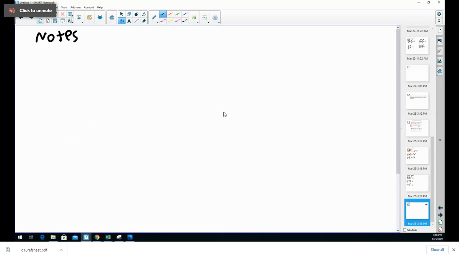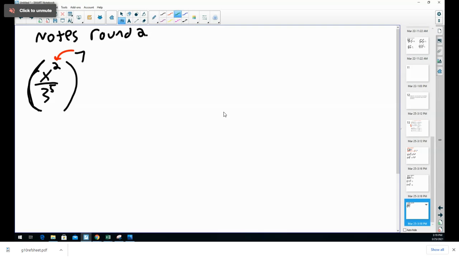Notes round 2. We have a fraction now. Oh no, everybody's worst nightmare. So we have x squared over 3 to the 5th, all raised to the 7th power. So now it's the same thing that I just did. We're going to multiply the 7 by the top exponent and multiply the 7 by the bottom exponent.